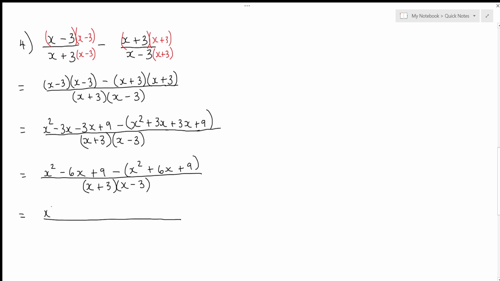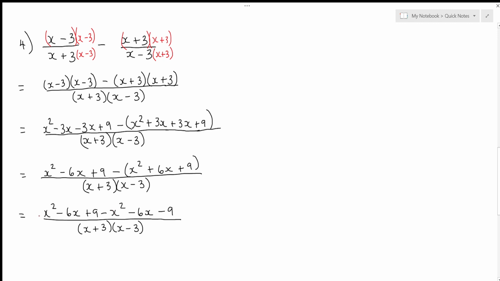We're going to have x squared minus 6x plus 9 minus x squared minus 6x minus 9 over x plus 3, x minus 3. So we're going to add our like terms together. Let's first start with x squared.